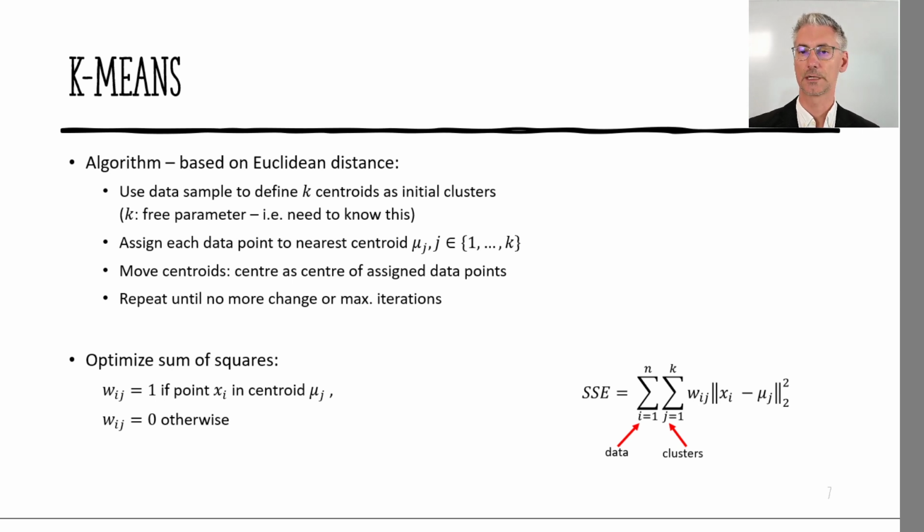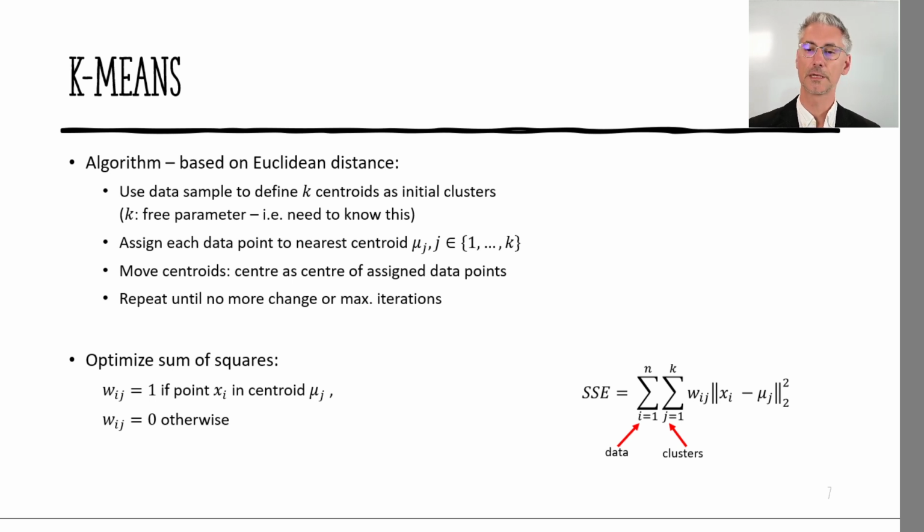You use a data sample to define k centroids as initial clusters. k here, the number of clusters we want to have, is a free parameter, so we need to know this. Then we assign each data point to the nearest centroid, and then move these centroids around and reassign the data points.